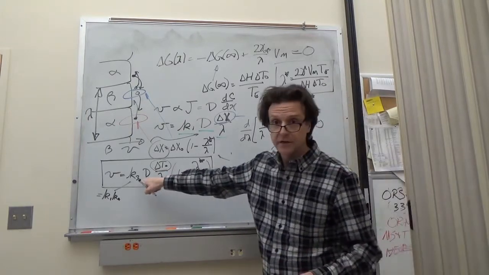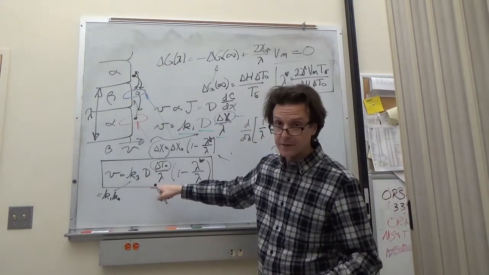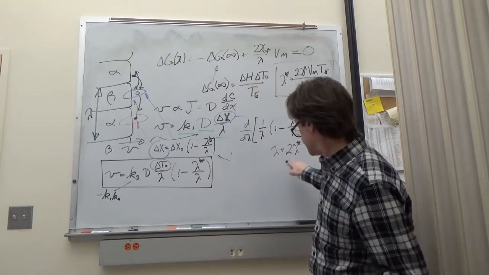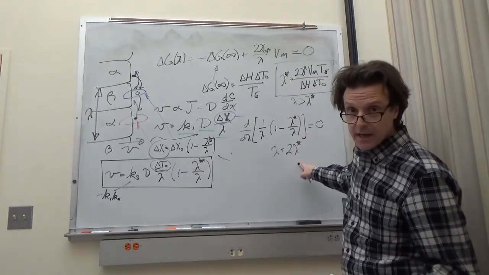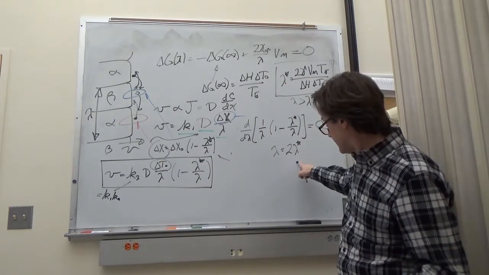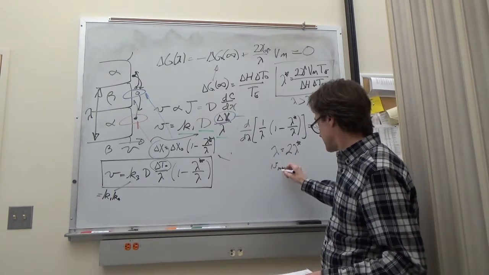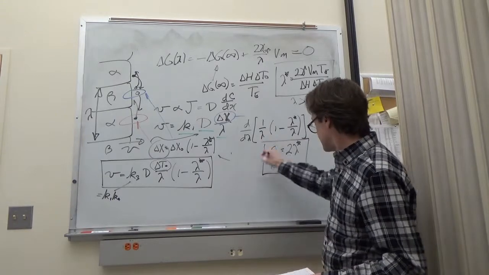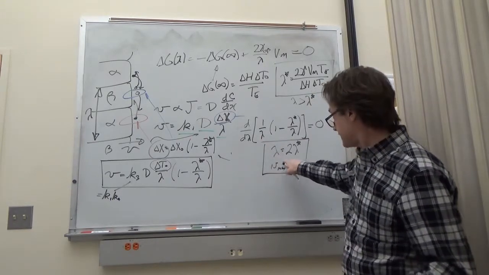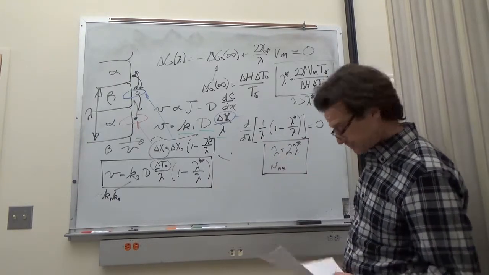So the derivative of the velocity with respect to lambda, solving for lambda, gives us 2 lambda star. And that tells us that the maximum velocity, V max, happens when lambda is equal to 2 lambda star.